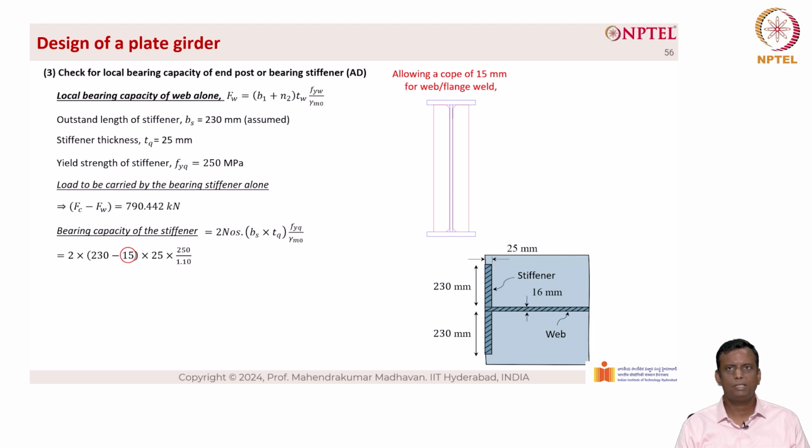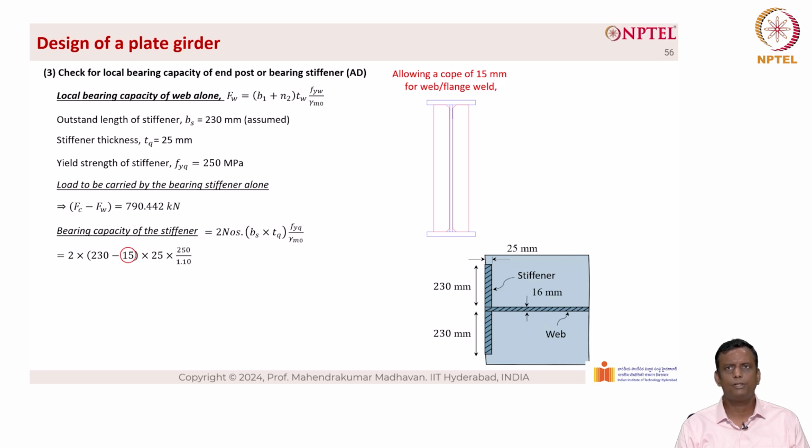The plate represents the bearing stiffener, but you also see that at the end of the plate closer to the web flange junction, there is a small triangular area. This area is basically the weld between the flange and the web, and hence there won't be a perfect fit at that location. The bearing is not done 100% by 230 mm.